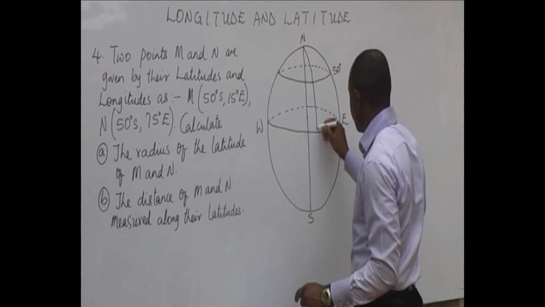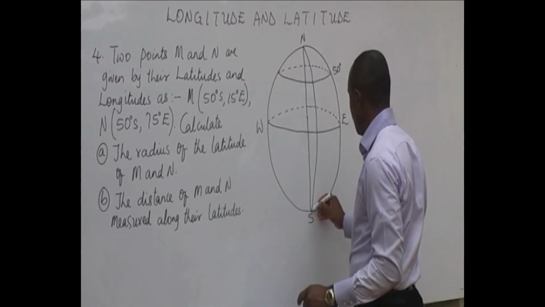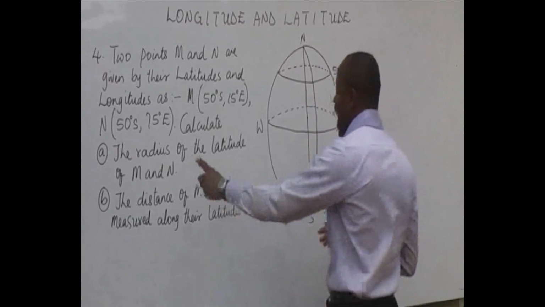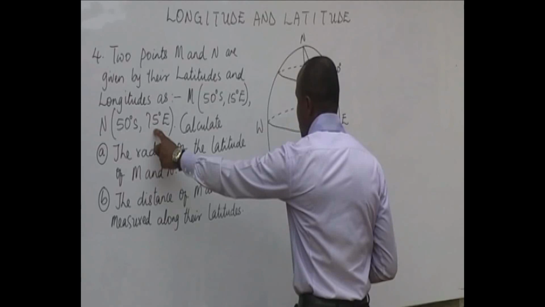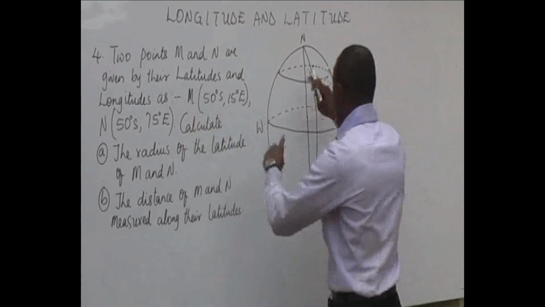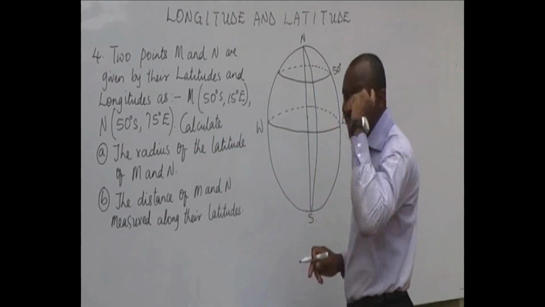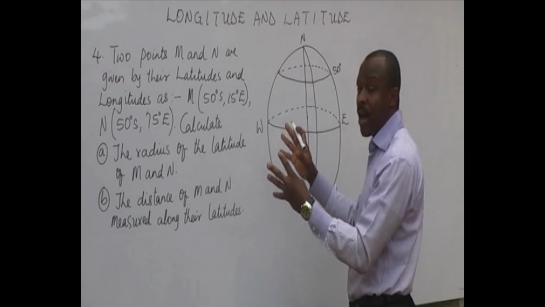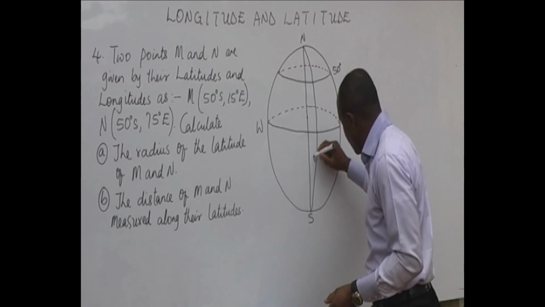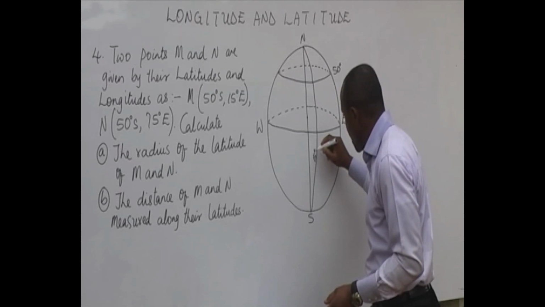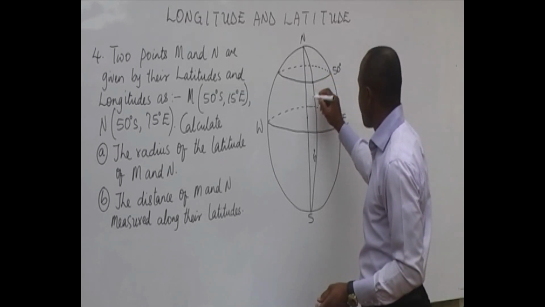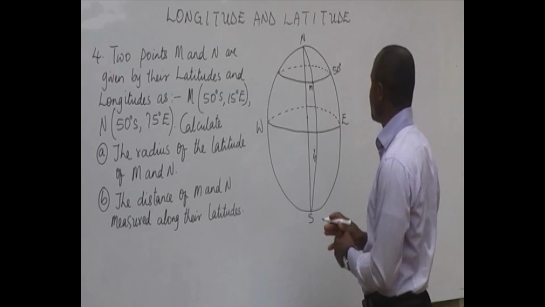You can see that I drew the first line of longitude very close to the pole because I have seen that the other line of longitude is greater. I have given a space to accommodate the next one I'm going to draw. That is the sense behind this kind of thing. So this line of longitude is 15 degrees east. So this place now should be the point M. So let's represent it with M.